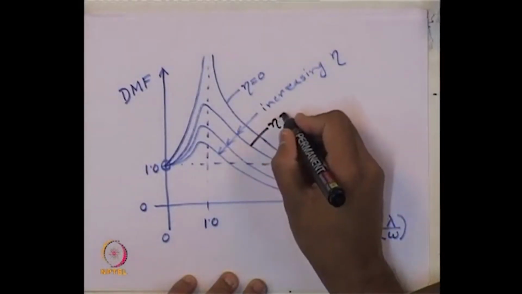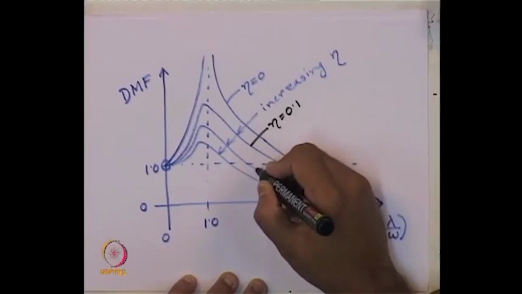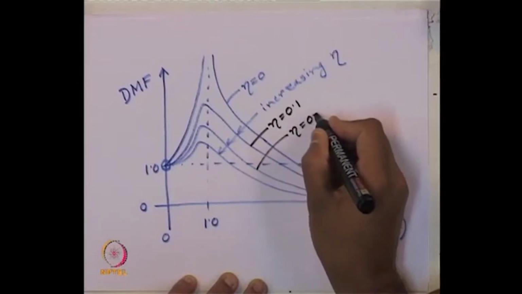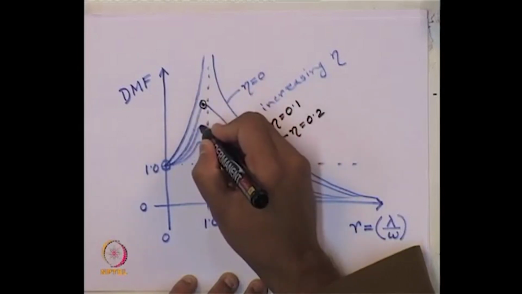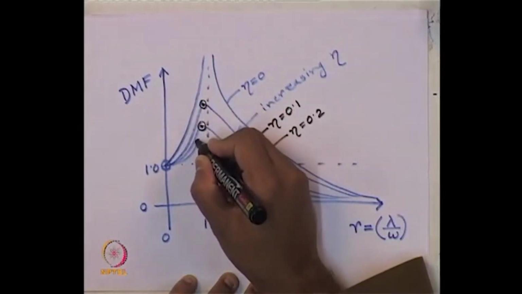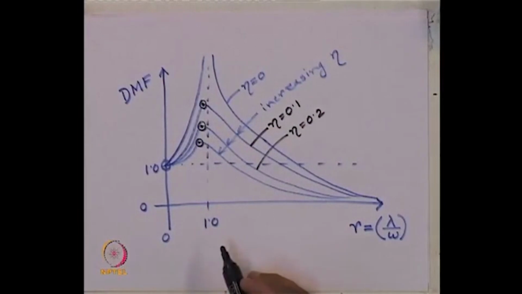Suppose, as I said, eta 0.1, say eta 0.2, like that, and the maximum occurs just before r equals 1.